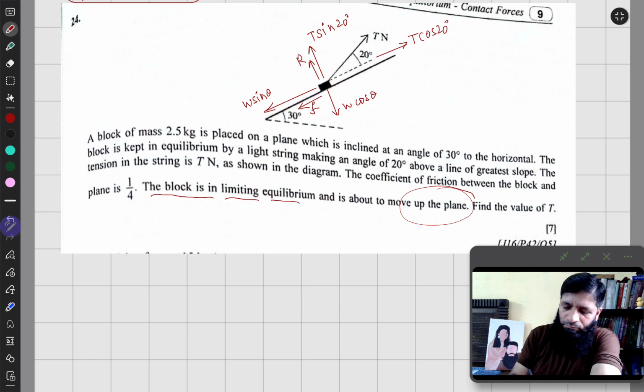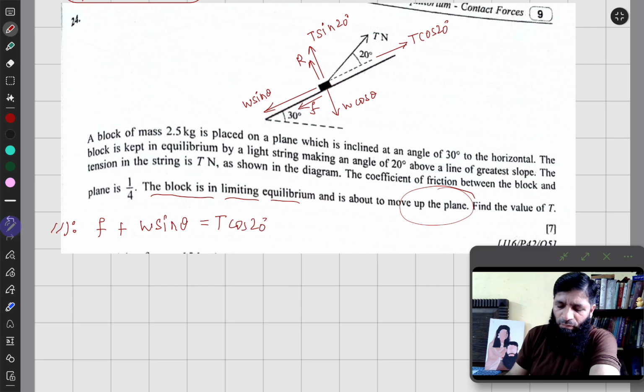First of all, let's form an equation for parallel forces. You have three parallel forces: F plus W sin theta will be equal to T cos 20.